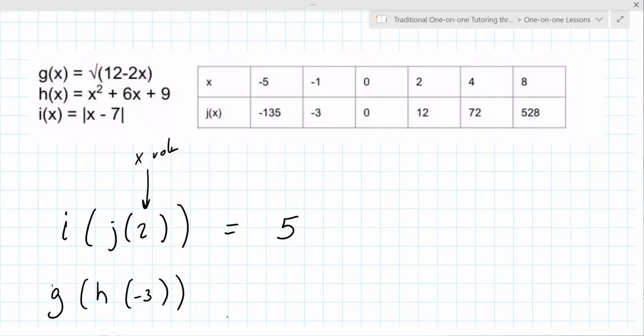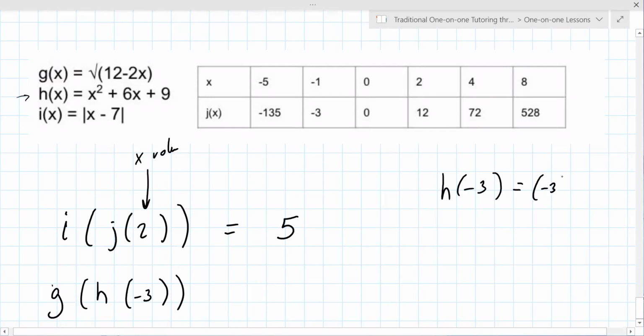I'm not sure I did this one right. Okay, what did you get for H of -3? We'll start with that. What's the number you got for that one? -18. I don't think that's right.